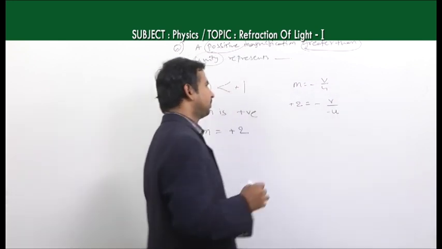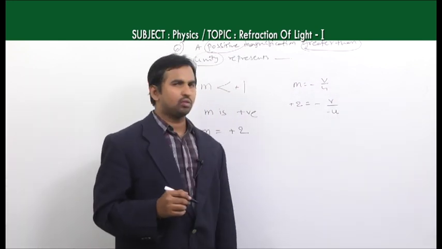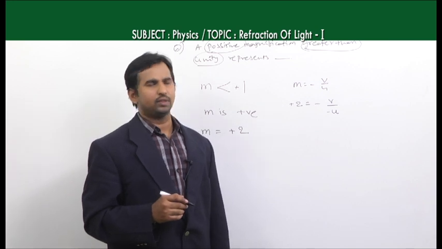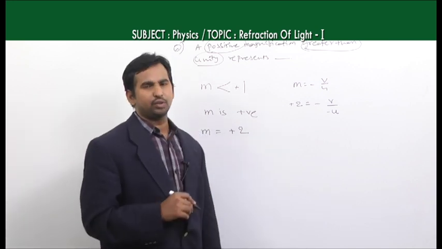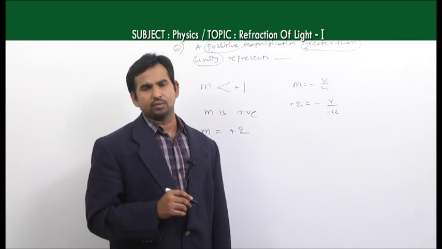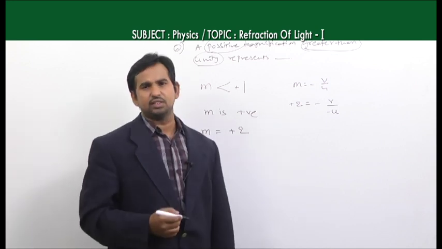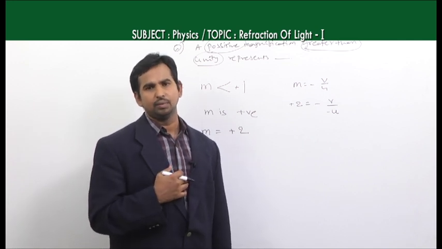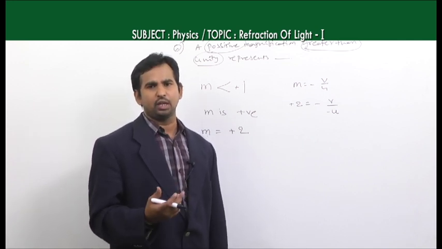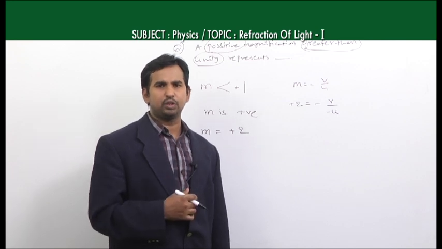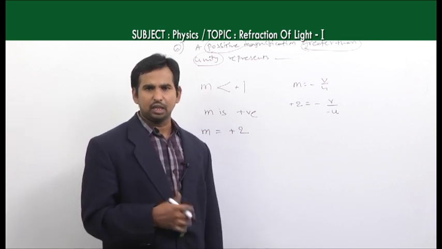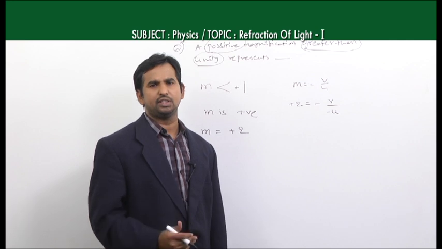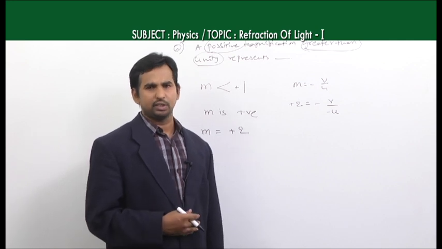So m is equal to minus of minus 2, and we get the magnification plus 2. That plus represents above the principal axis, which is our special case where the object is placed between focus and optic center. The image is formed on the same side, which is a virtual image.